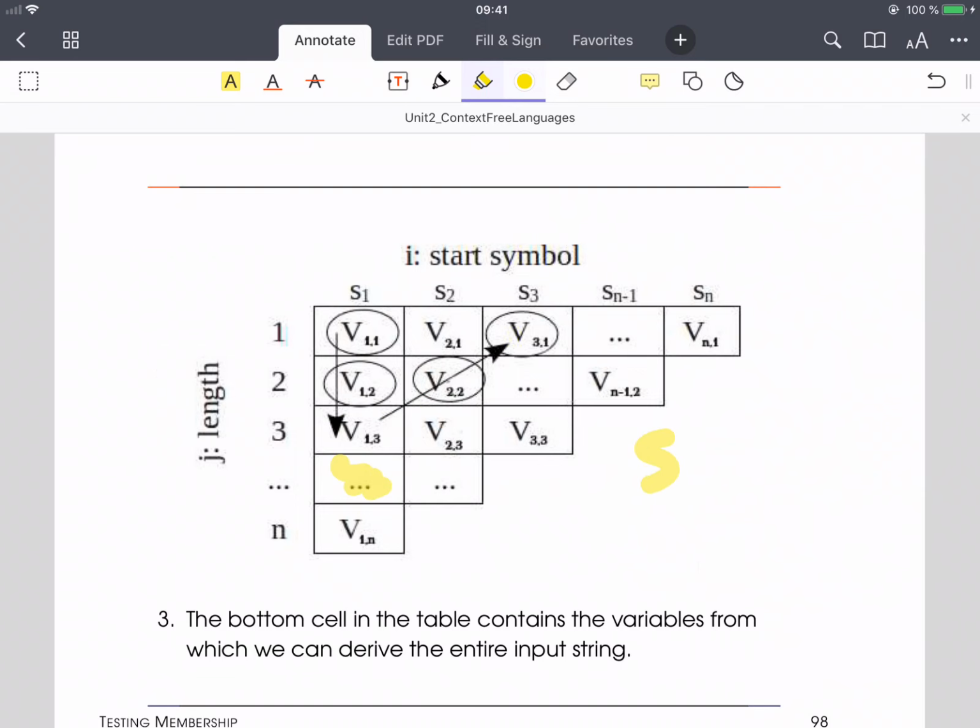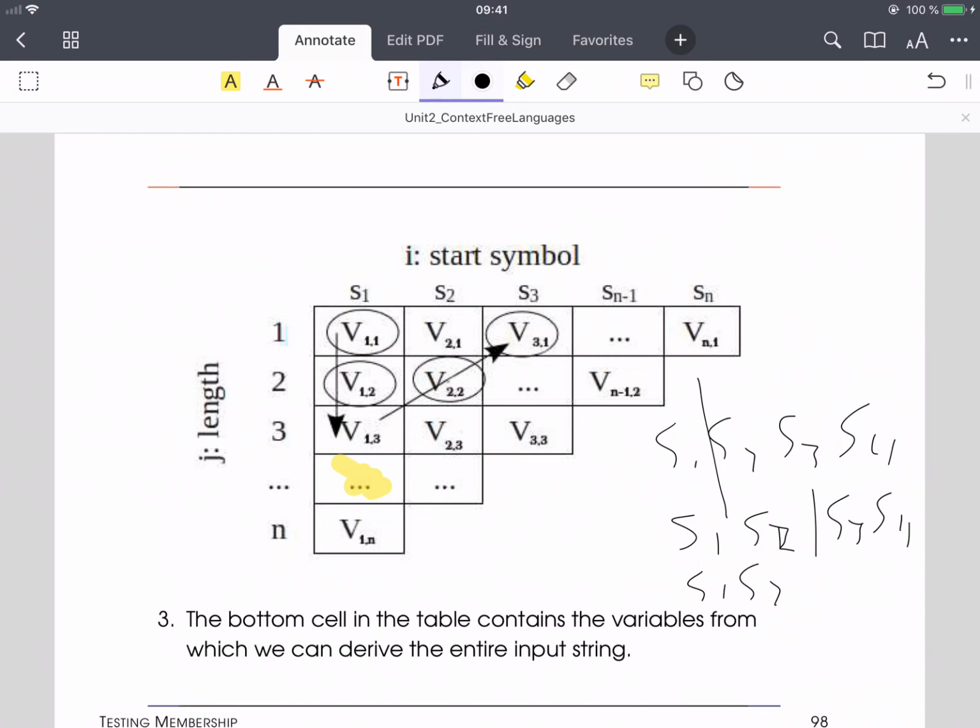Now we are generating S1, S2, S3, S4, and we can divide this word into two parts in three different ways: S1 and then S2, S3, S4; S1, S2 and then S3, S4; or S1, S2, S3 and then S4.